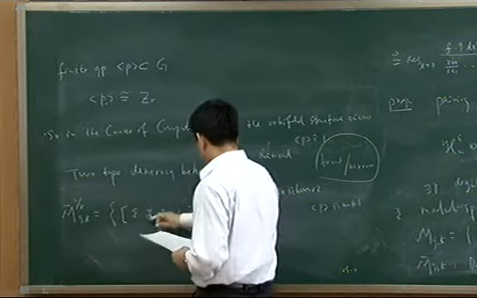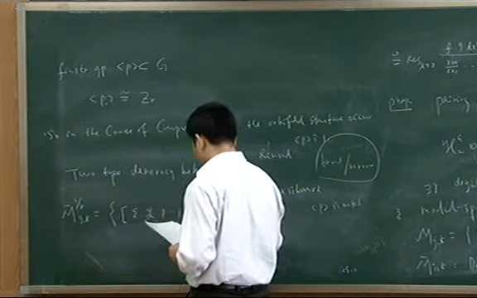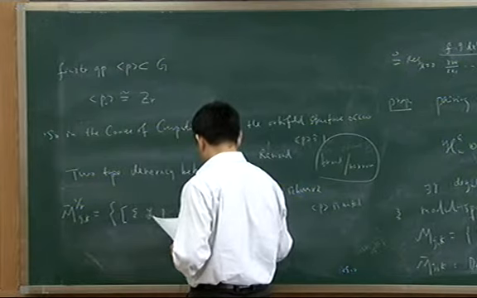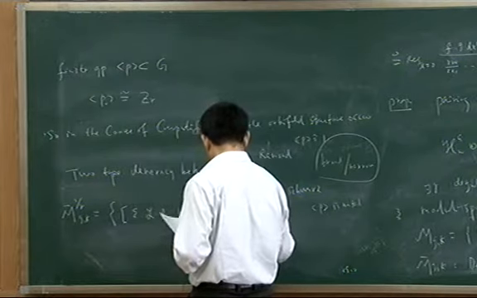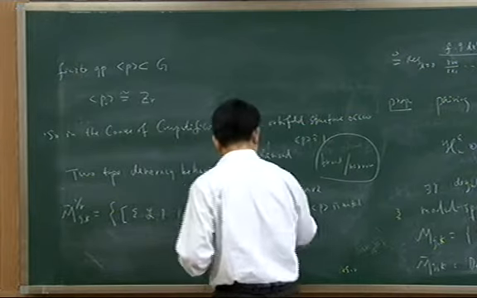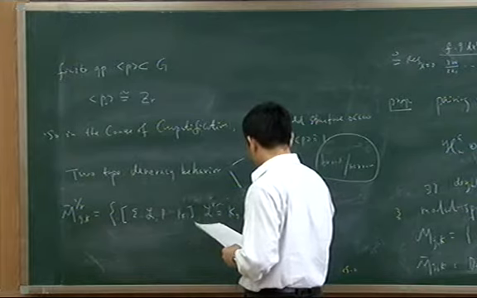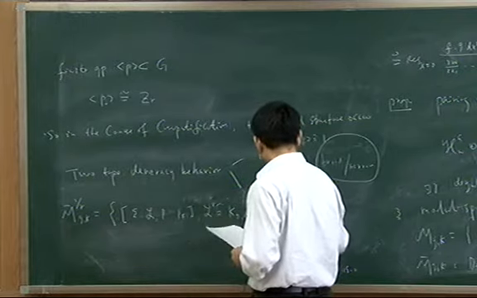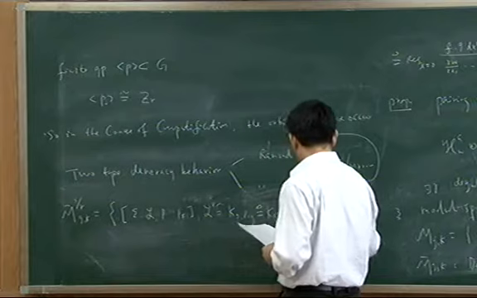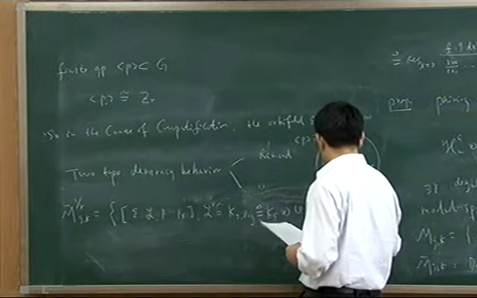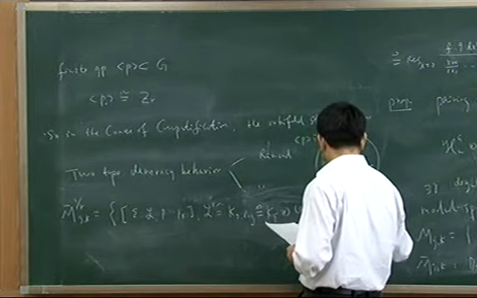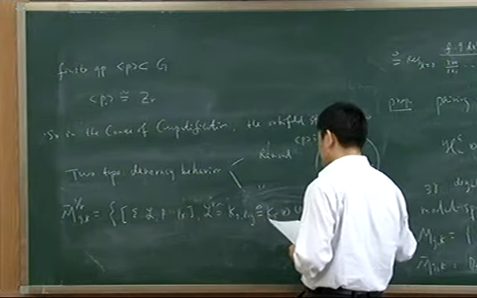And here, the line bundle should satisfy the condition. So this is defined as K of sigma, tensored with the divisor of boundaries.